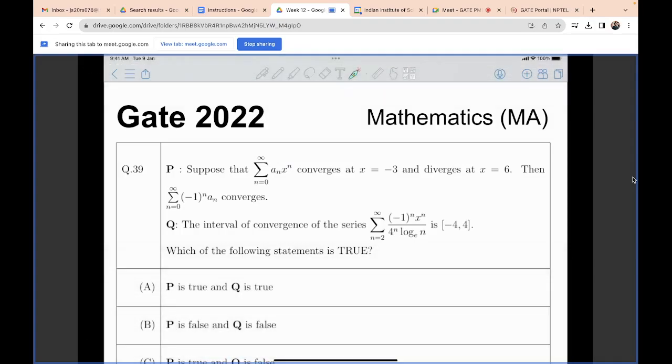Okay, so today we'll solve Gate 2022 question from real analysis. This is the question number 39. So two statements are given. The statement P is saying that suppose a power series is given and saying that it converges.